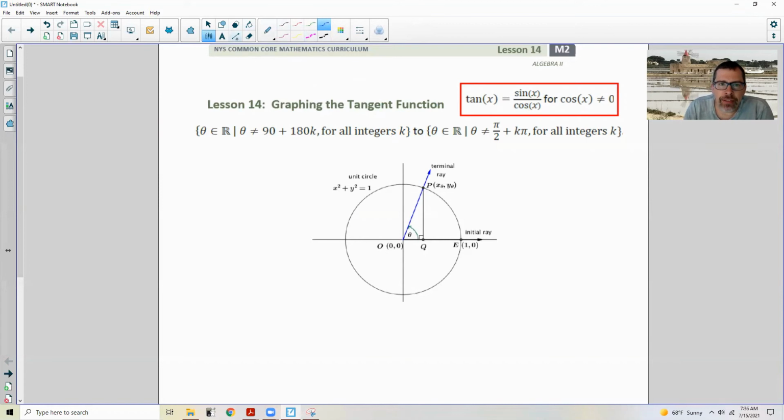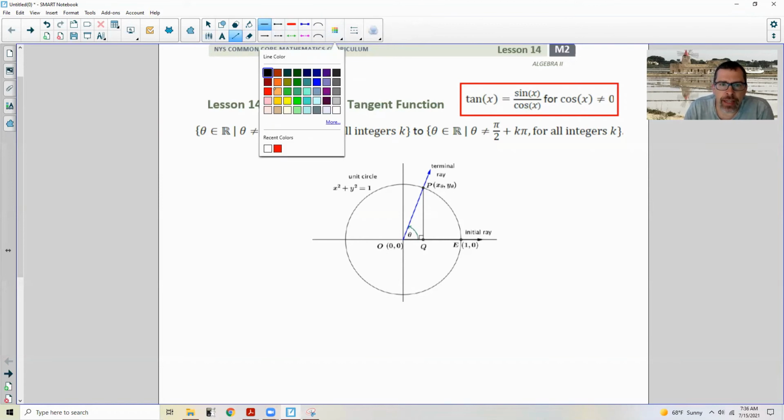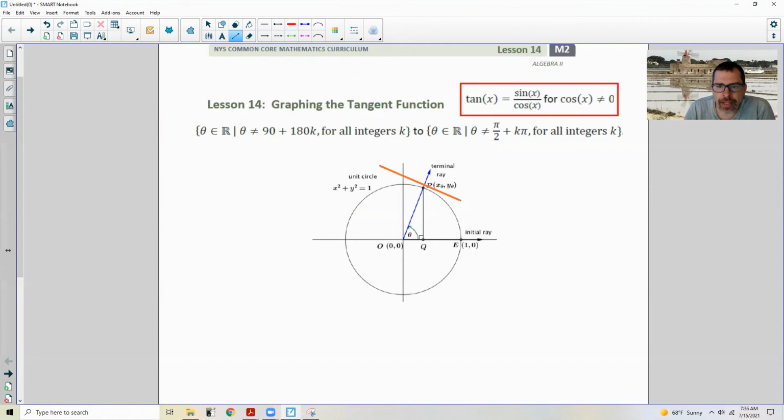But what is tangent? Well, tangent is a line that is perpendicular to the terminal ray at a point on the unit circle where it just touches like so. The tangent is actually the slope of that line perpendicular to the terminal ray.